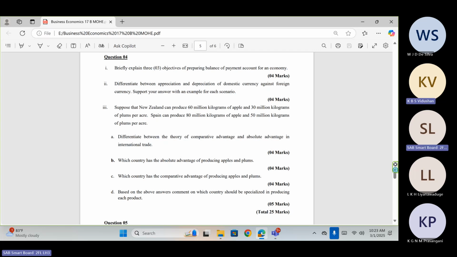Since we have discussed it today, just have a rough understanding, and that will be tested to get an idea about your understanding of these different components.